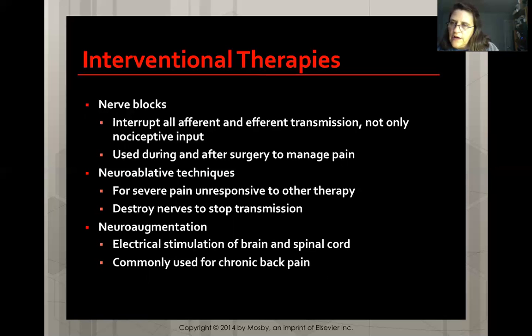So this stops the nerve transmission. And then we have neuroaugmentation, which would be an implanted stimulator, which is like a pacemaker. It's a pulse generator that overrides or provides an electrical stimulation to the brain and the spinal cord. These are commonly used for chronic back pain. There are other purposes, but that's one purpose for them.